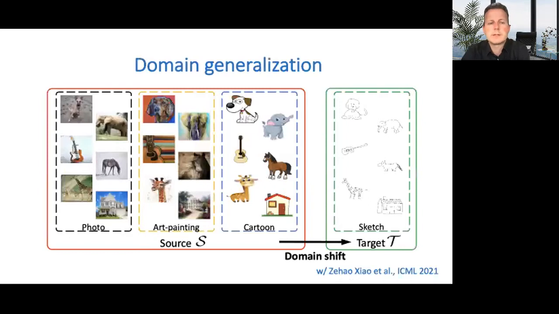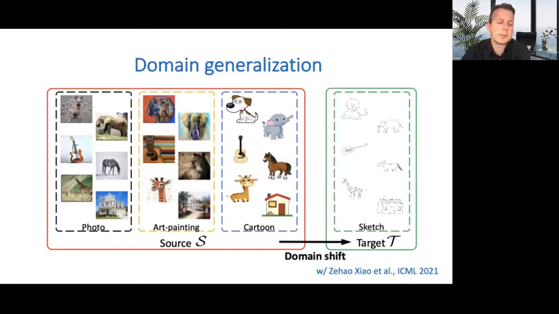Then there is domain generalization, and here the task is, given domains that one has seen during training, for example, photos, art paintings, and cartoons, can you build an algorithm that generalizes to unseen domains? So, for example, the sketch domain. And here the challenge is that no sketch images have been seen during training.